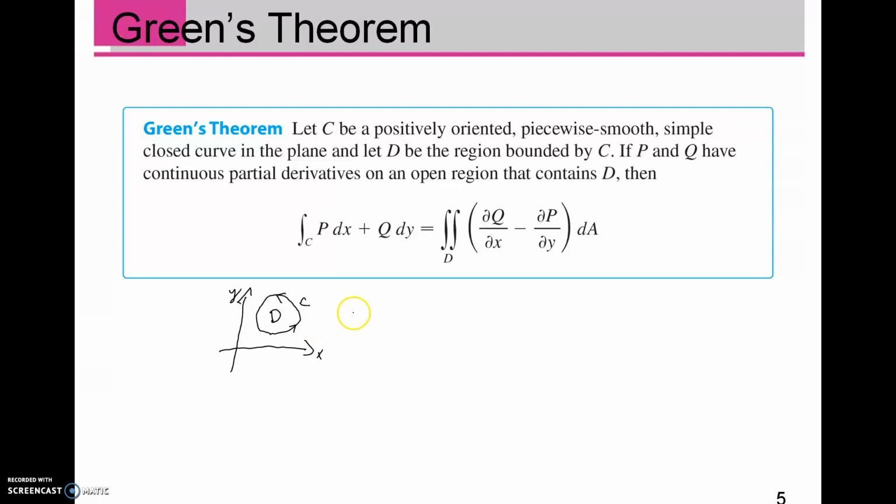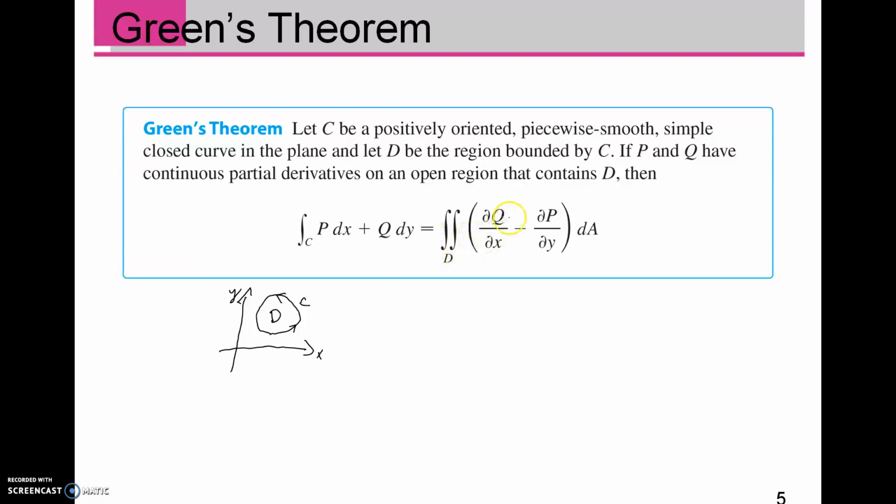If P and Q have continuous partial derivatives on an open region that contains D, then we have this relationship between a line integral and the double integral. And you'll notice something familiar here with the fundamental theorem of calculus, right?